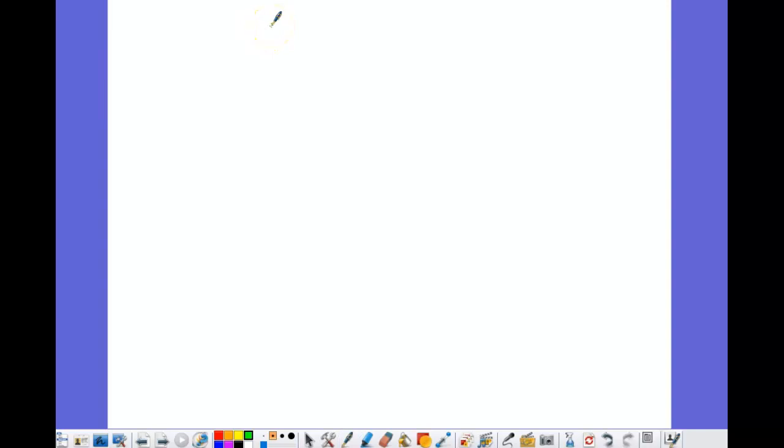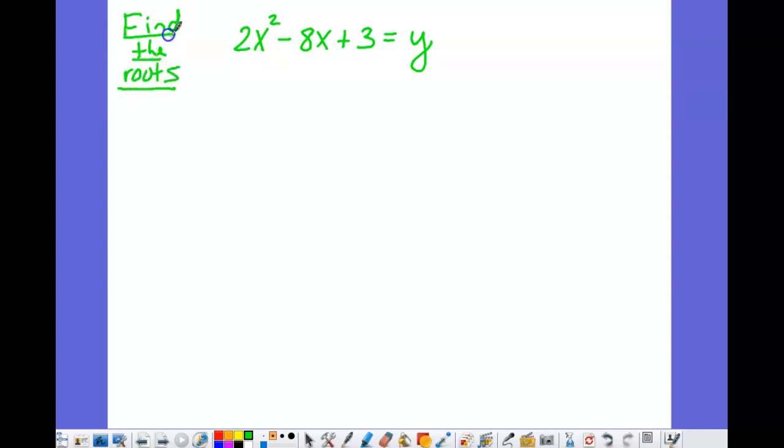So let's say that I had this quadratic function, and I wanted to find the roots. Now, when it comes to solving quadratic functions and you want to find their roots, the first thing you do is you set it equal to 0.